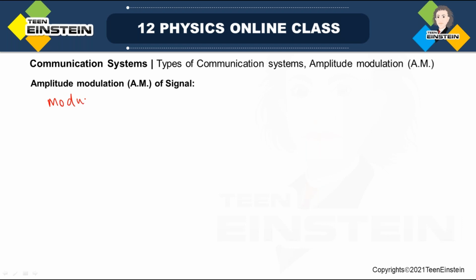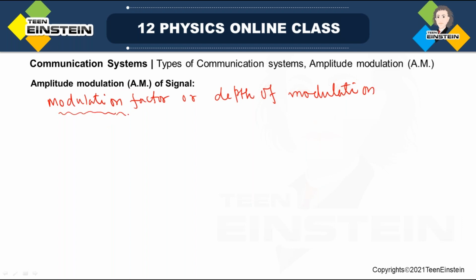We'll now discuss modulation factor or depth of modulation. It represents the extent to which the amplitude of the carrier wave is changed by the modulating signal.